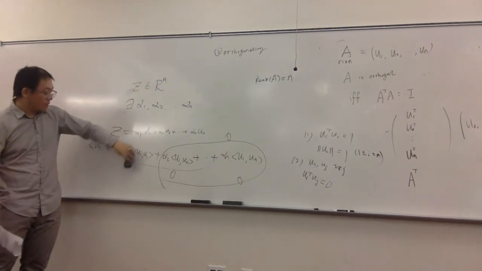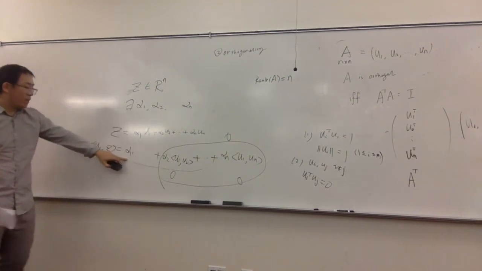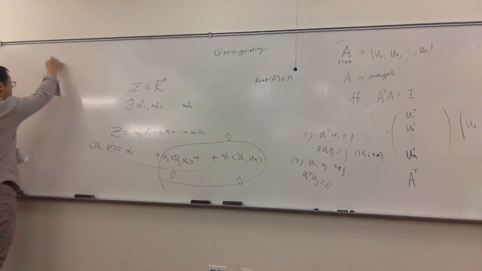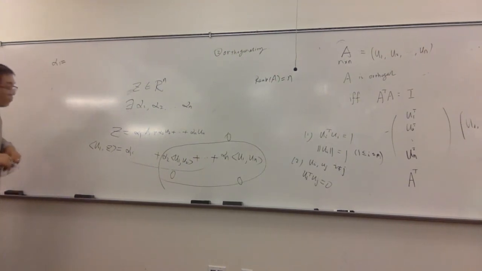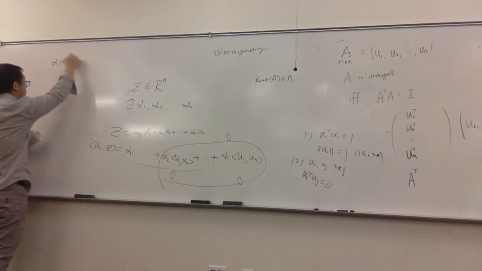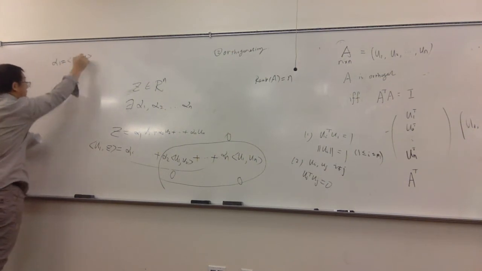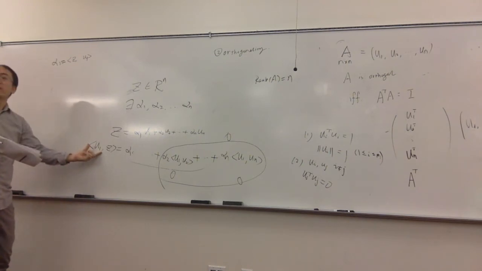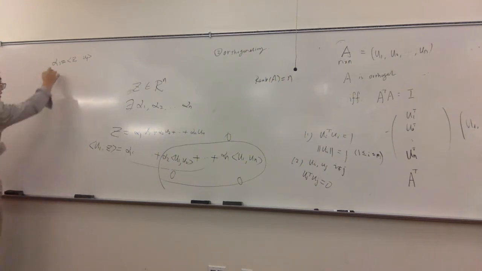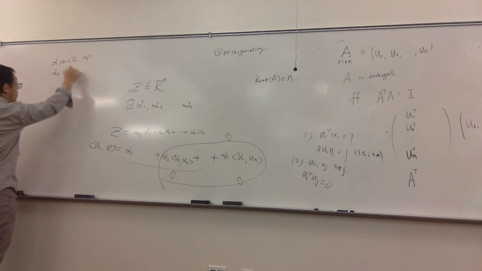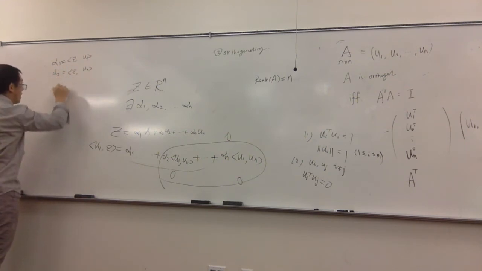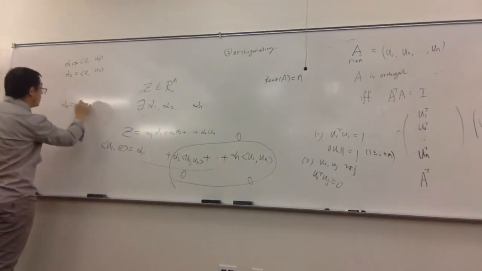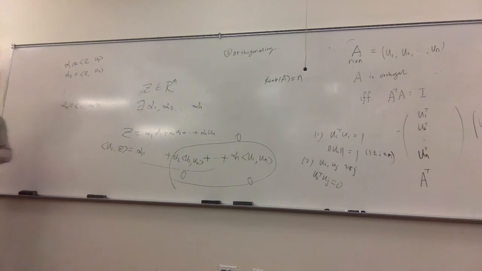So now we get alpha 1, the first coefficient. It's simply the inner product between the vector z and u1. I just switched the order, it doesn't matter. And similarly, we can get the second coefficient, which is the inner product between z and u2, until the n-th coefficient, which is the inner product between z and un.